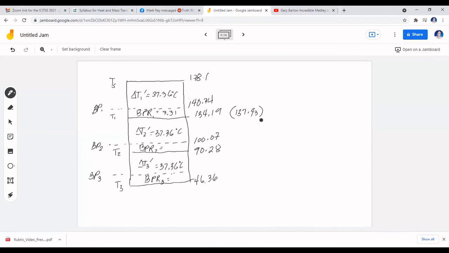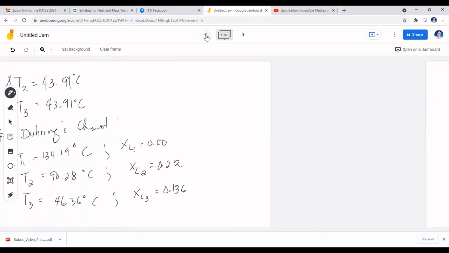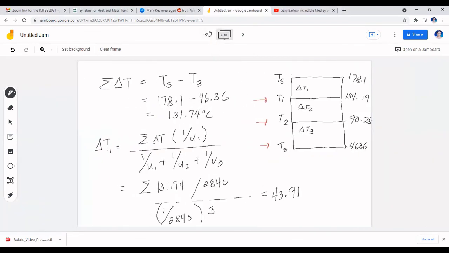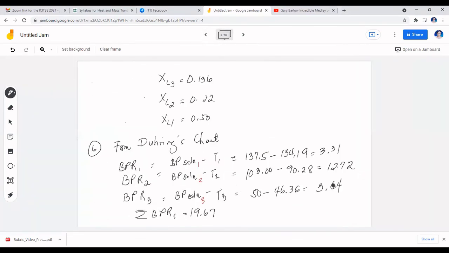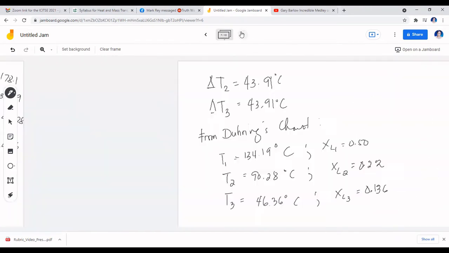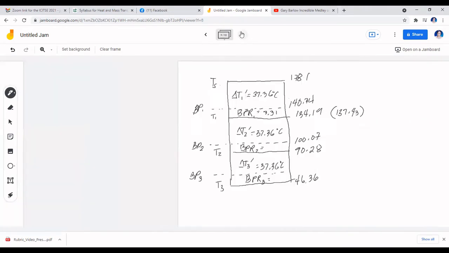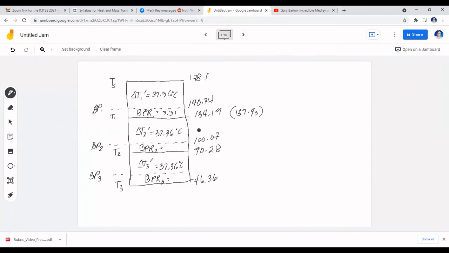Our BPR2, the boiling point rise in effect 2, is 12.72. So we will decrease this one by 12.72 because that's your BPR2. I'll place it here so you will have a basis. So 12.72.